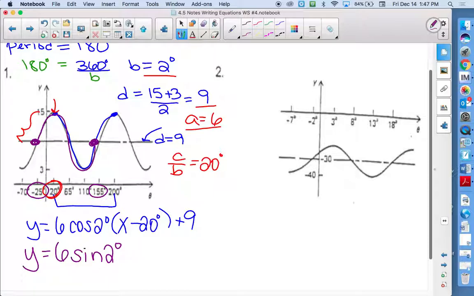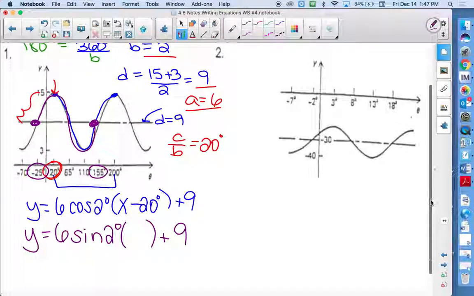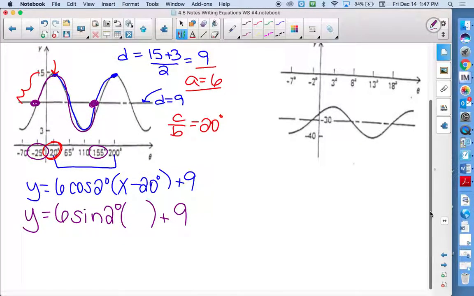The b value is still the same. The middle of the graph is still the same. When you write a sine equation, the only thing that changes is where the graph starts, because it's starting in the middle instead of starting at the top. So the sine graph starts to the left at negative 25.